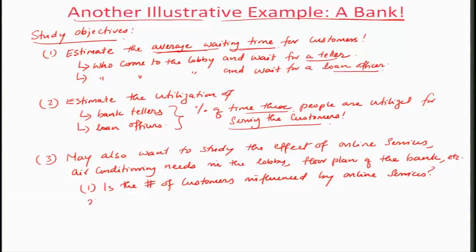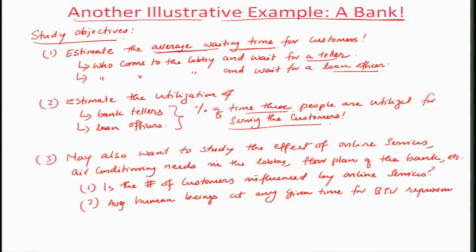Okay. Second one is the average number of human beings at any given time, for BTU, British Thermal Unit, requirements of the air conditioner.